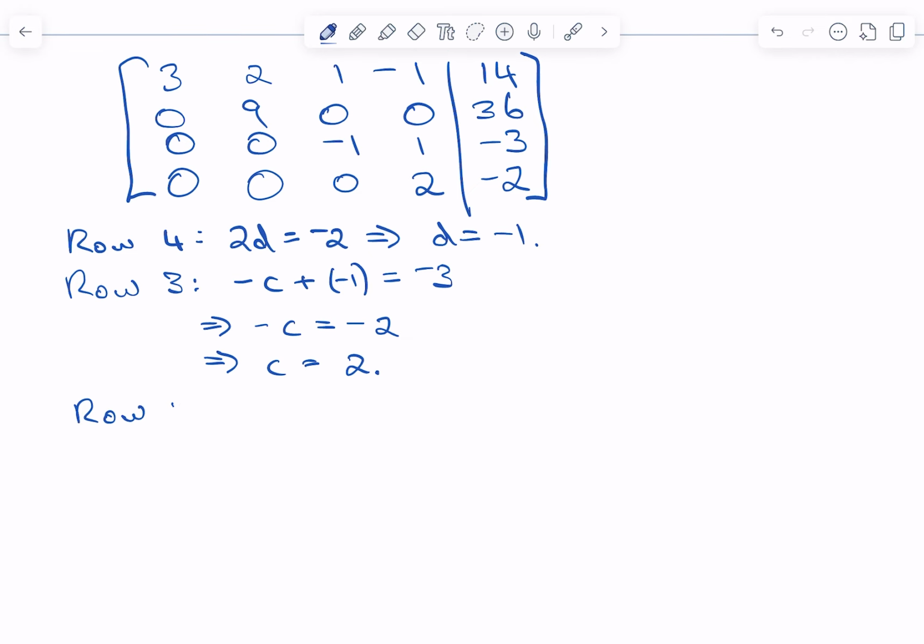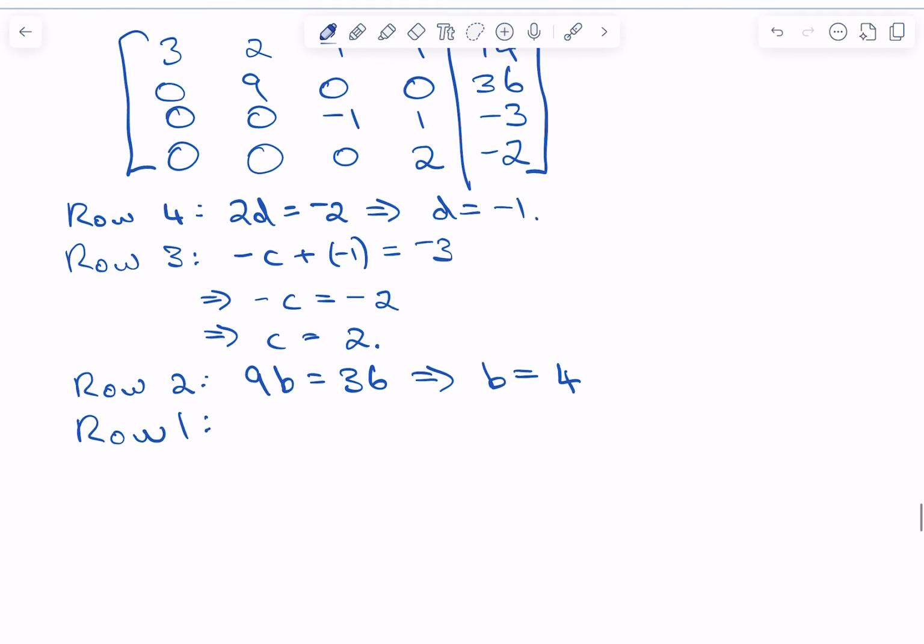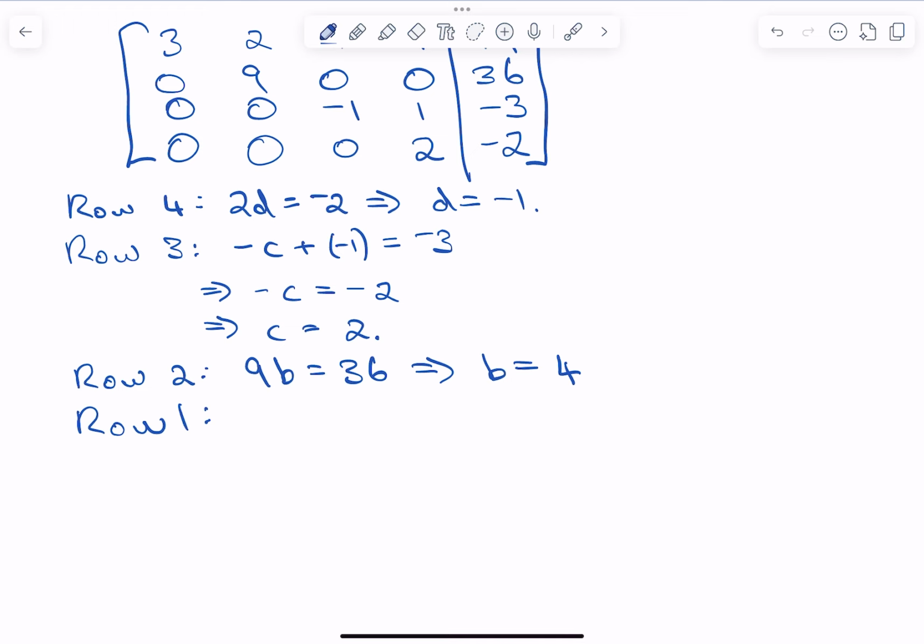Moving up to row 2, we have 9b equals 36, which can be rearranged to give b equals 36 on 9, or 4. And finally, row 1 is going to use all of those three values for b, c, and d.